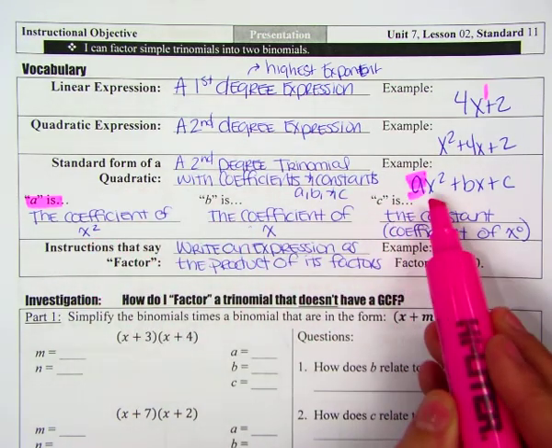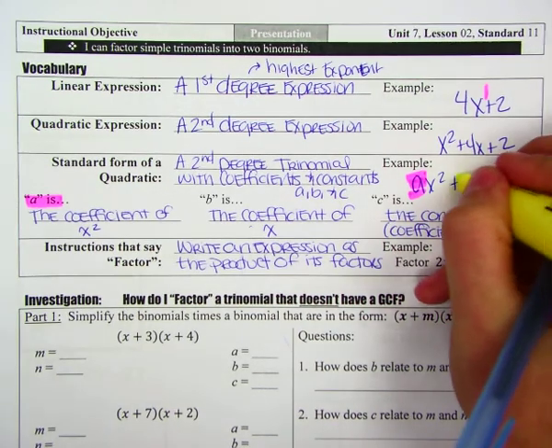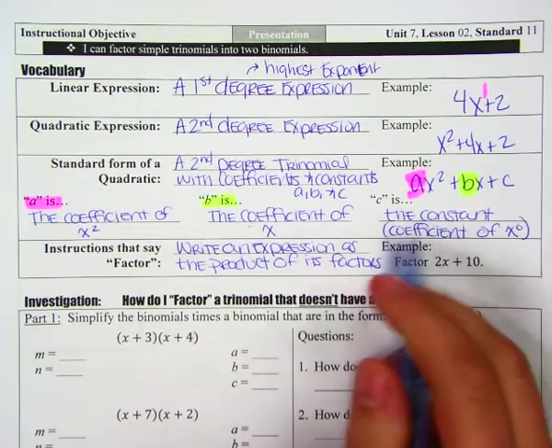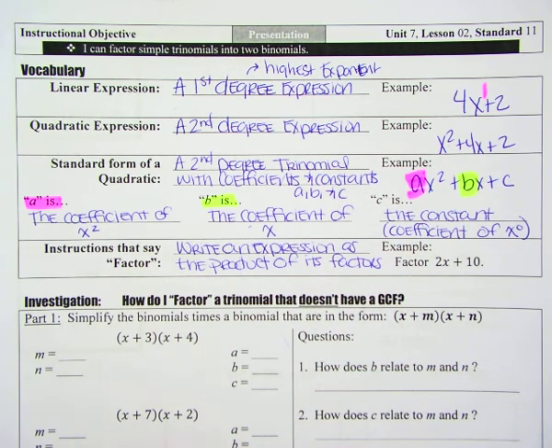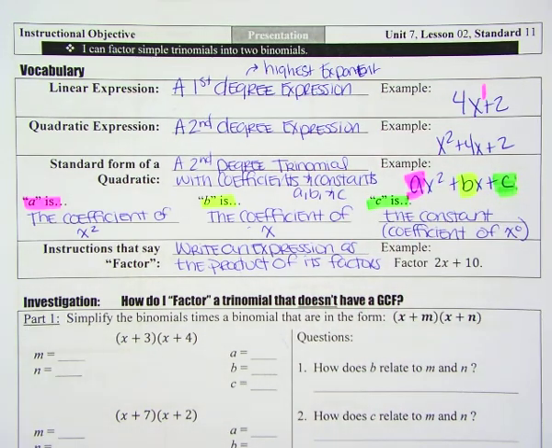See how it's a times x squared? B is the coefficient of x. So this is b times x, so it's the coefficient. And c is the constant. It's the thing that's just by itself.